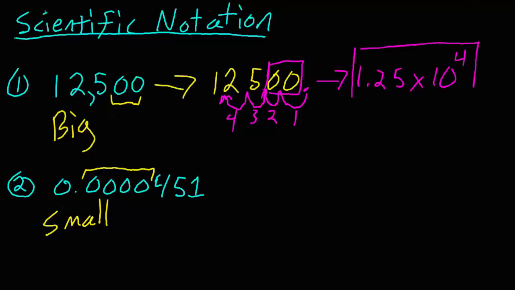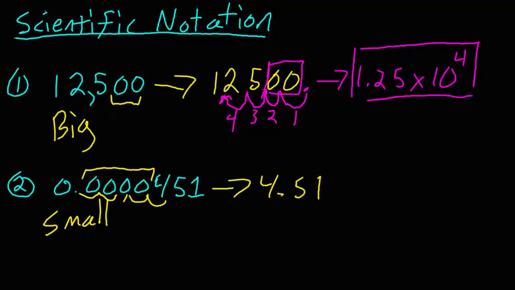That is for a large number, writing it without so many zeros. On the other side of that, kind of the same idea but with a very small number, we're looking to do the same thing. We've got our decimal point, and we're going to move that all the way across so it's following the first non-zero digit. So we're going to move it 1, 2, 3, 4, 5 spots. So our new number is 4.51.